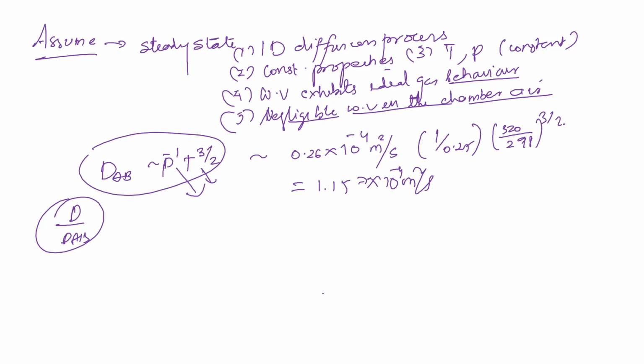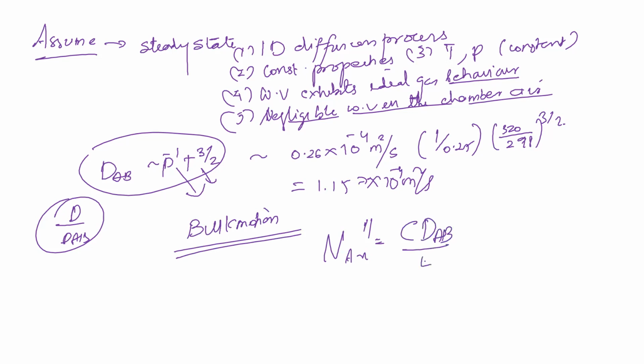Next, our analysis is similar. This is just an evaporation process. We will consider the bulk motion condition. We know that the evaporation rate or mass flow rate, as I mentioned earlier, is NAx equal to C DAB by L into ln of 1 minus XAL by 1 minus XAO.